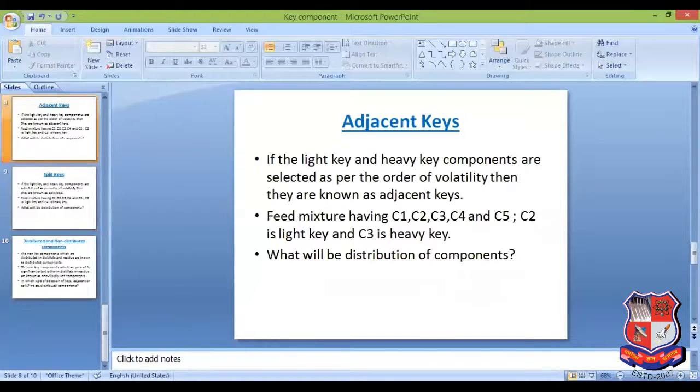If you look at the case of adjacent key, C2 and C3, the light key and heavy key, are the only ones distributed between distillate and residue. C1 will be there in distillate, and C4 and C5 will be there in residue.